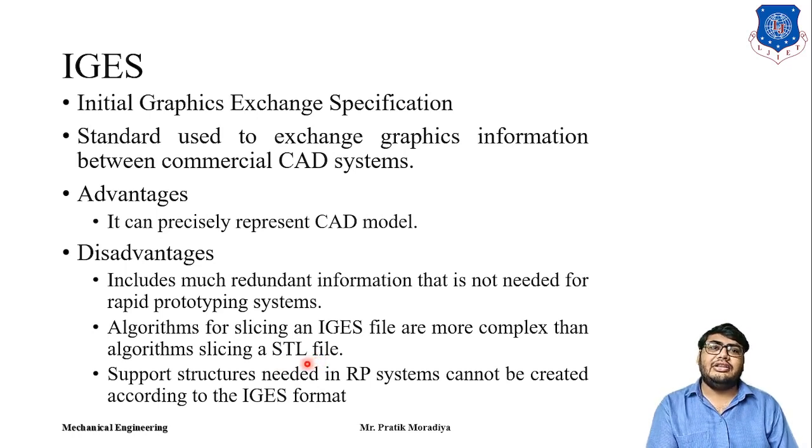And another problem is that the support structure needed in an RP system cannot be directly generated from an IGES file. So you need to have a separate model of the support structure which you need to store in IGES format to create the slicing. So these are different disadvantages, and this is why IGES is not preferred over STL.